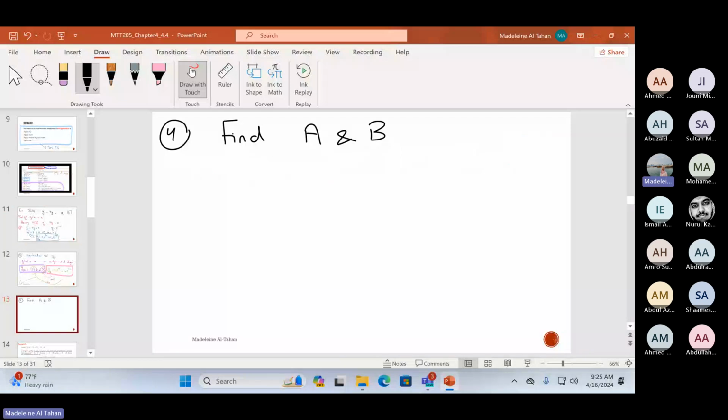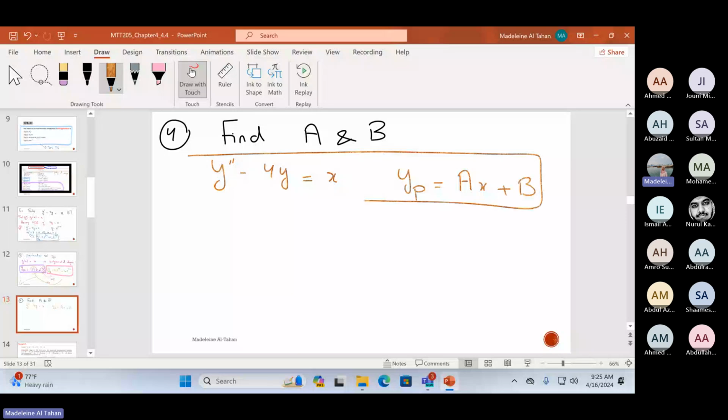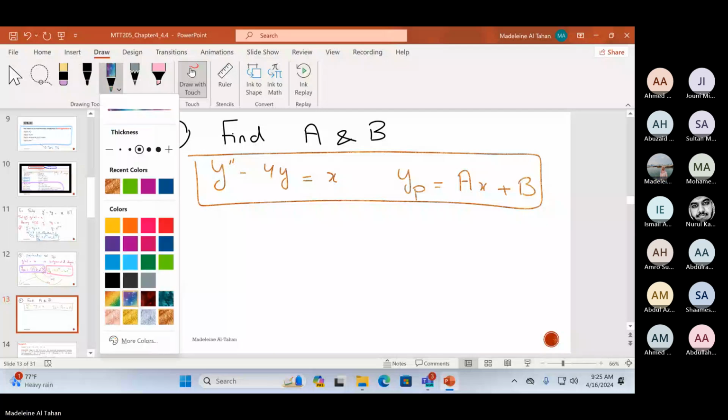Any question? So again, let's write our equation. y double prime minus 4y equal x. And the particular solution, trial 1 that is accepted, is ax plus b. Any questions so far, miss? What's our aim? Find A and B. We are saying that yp is a particular solution, right?